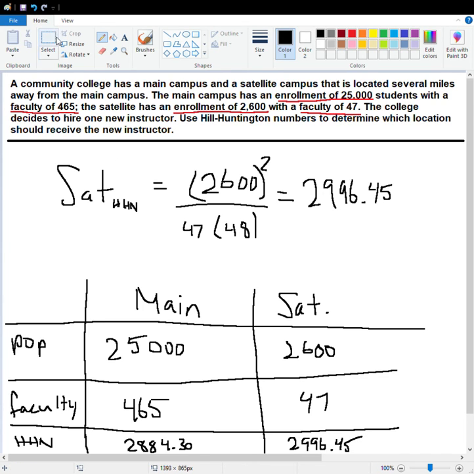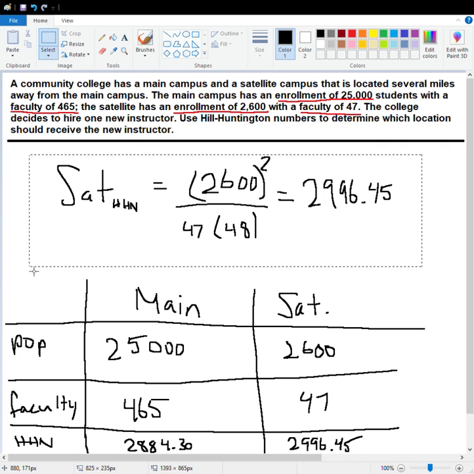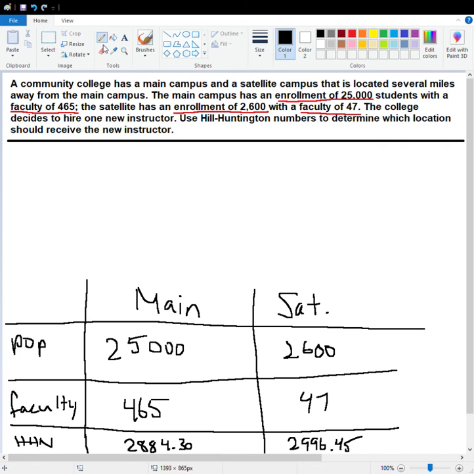Okay, so we have filled out our table, and now we can use these HHN numbers to determine which campus should receive the new instructor. To do that, we just look at which Hill-Huntington number is greater, right?